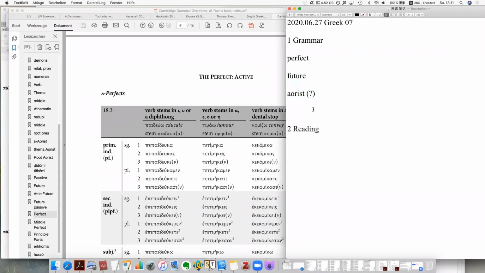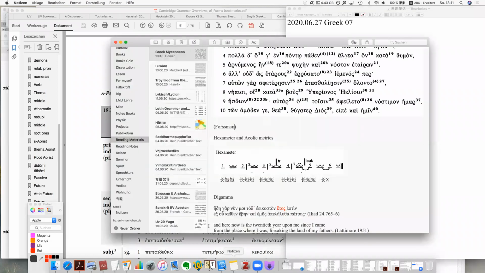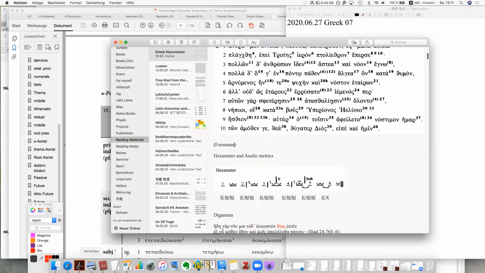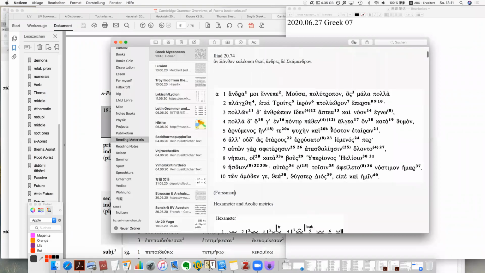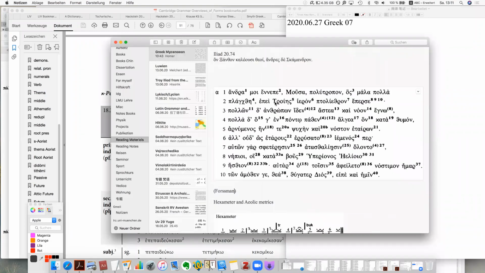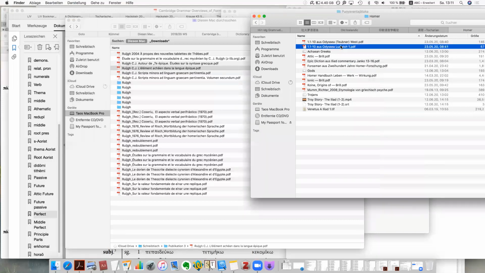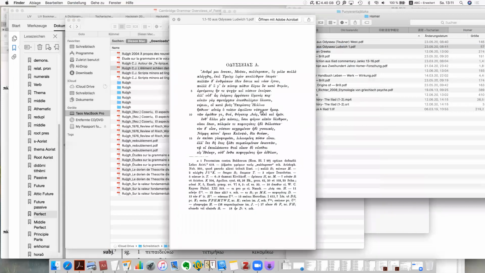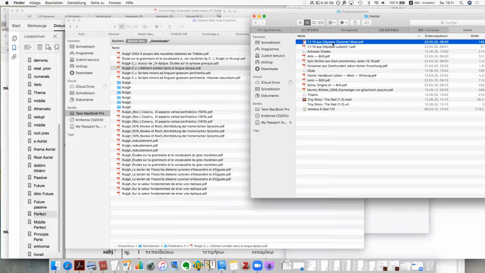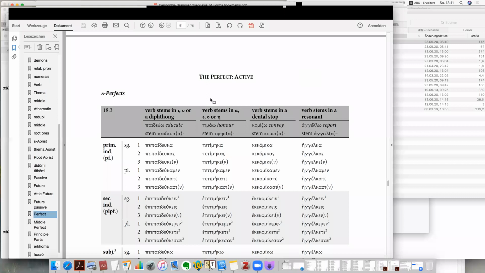And for the reading, as I have explained earlier, we're going to read this part. This is actually the beginning of the Odyssey. I guess you have the PDF data. I have already sent the file to you.